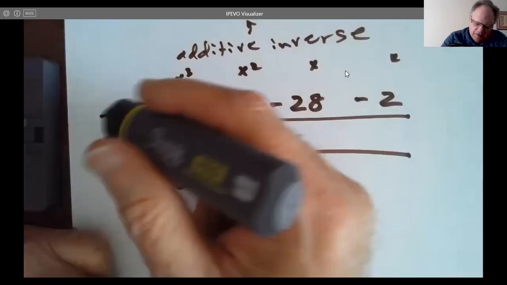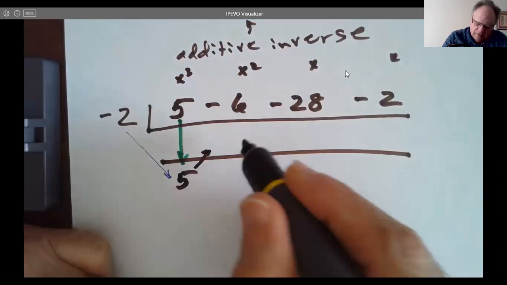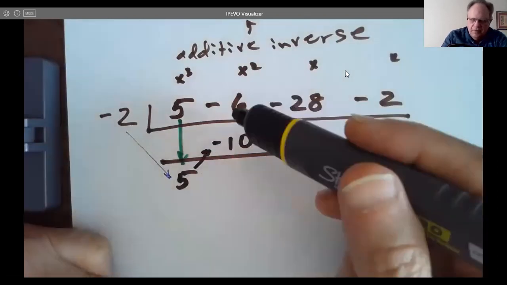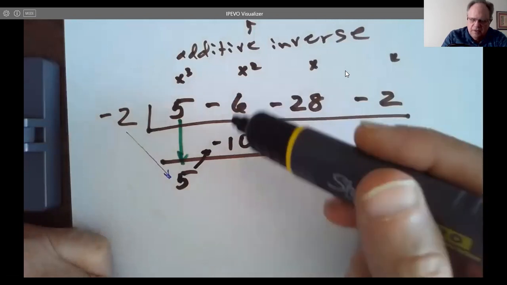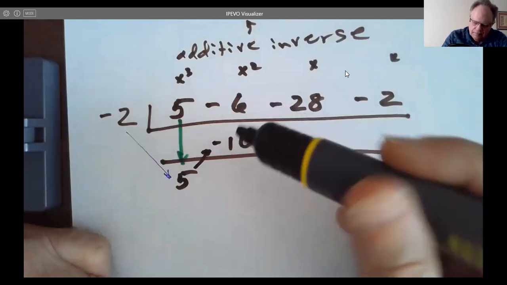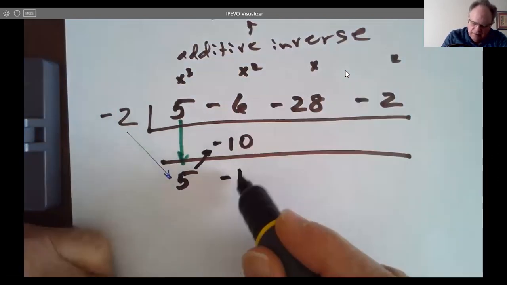So negative 2 times 5 is a negative 10. That's going to go up in the second row. Now here you have a negative 6 and a negative 10. So the signs are the same. They're both negative. So you're going to add negatives, and you get negative 16.